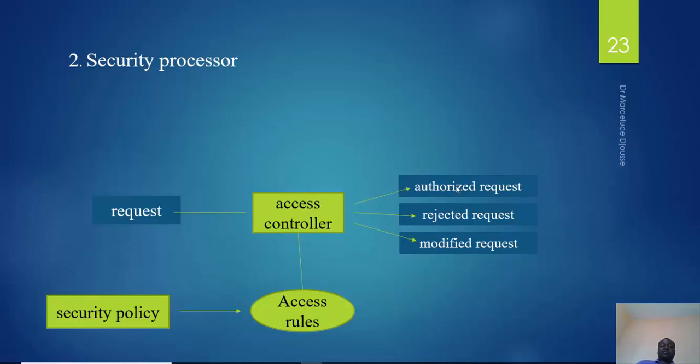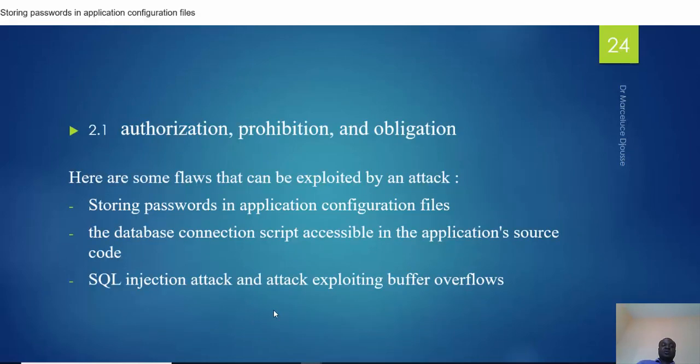For example, you can have an authorized request, a rejected request, or a modified request. The security policy must be well defined in such a way that every access is under a rule. Everyone would know exactly what they are supposed to do inside the entire system. Okay, we have the authorization, prohibition, and obligation.